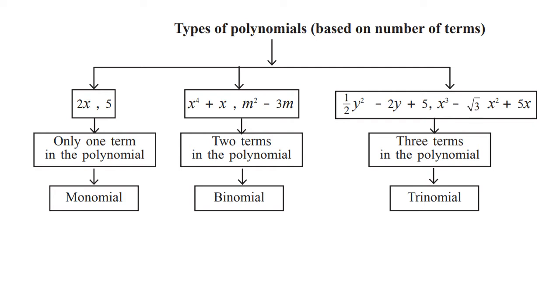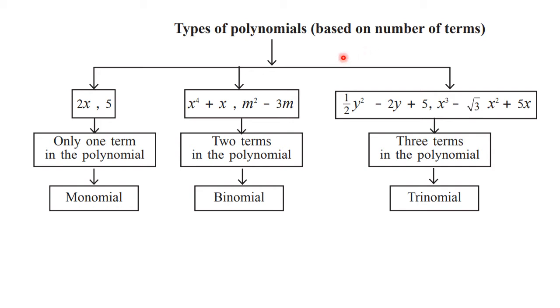After this, we will see types of polynomials. This you have studied already in lower standards. So, in types of polynomials, the very first classification is done on the basis of the number of terms present in that algebraic expression.